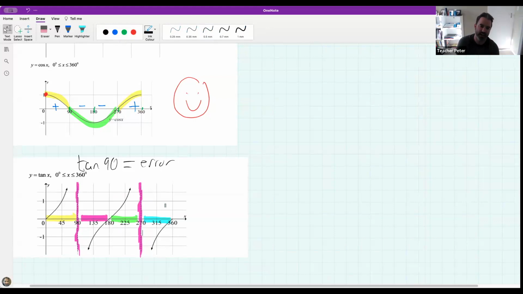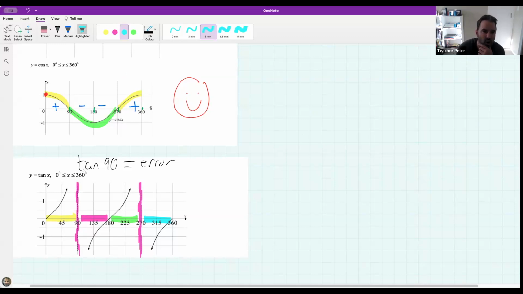Just visually looking at it, do you think it's negative to start with or positive? Give me a pattern using what you have seen. Do you think the tan of 45 is positive, or negative?